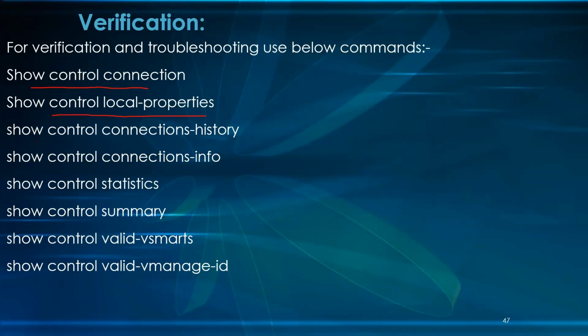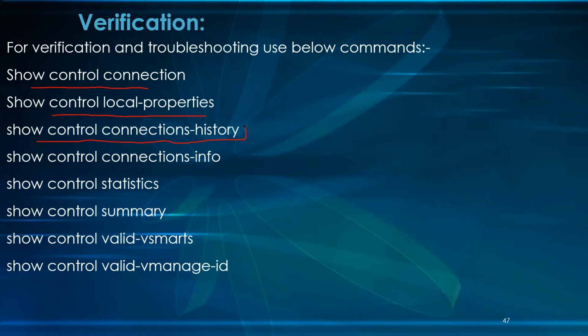Then we have show control connection-history. This command is very useful to troubleshoot what is causing the issue, right? It helps identify the root cause of the problem. I have been using this command a lot since yesterday, because it indicates which error message is coming, and based on that error message you can work out what the error could be.